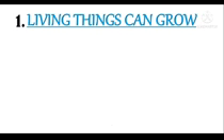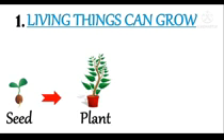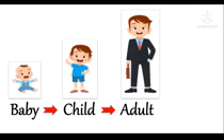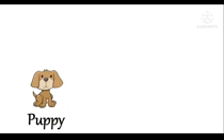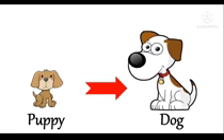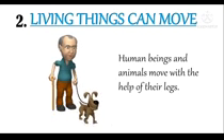Living things can grow. A seed grows into a plant which finally grows into a tall, strong tree. The same way, a baby grows into a child, then into an adult, and finally an old person. A puppy grows into a dog. Living things can move.